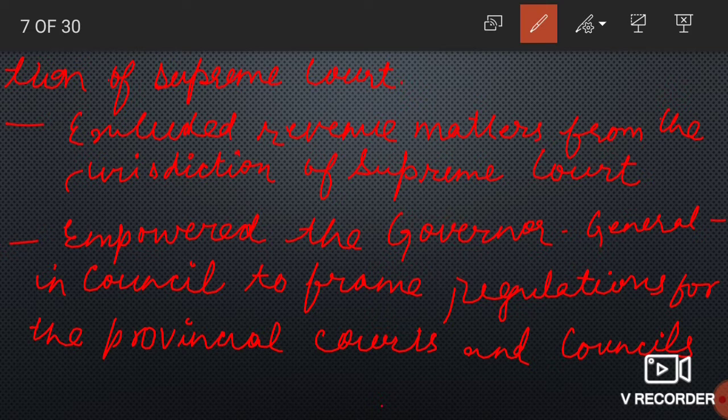So these were the features of the Amending Act of 1781. It was passed to rectify the mistakes that were made in the Act of 1773.